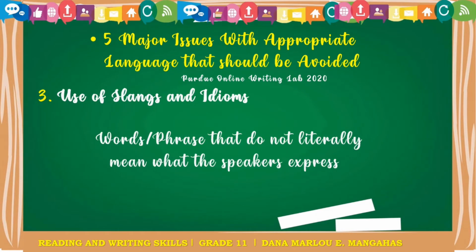Slangs are words, phrases, or expressions that do not literally mean what they express, like frenemy, to describe someone who is both a friend and an enemy, while idioms are expressions whose meaning is different from the meanings of the individual words they contain, like to kill two birds with one stone, which means to get two things done with a single action.